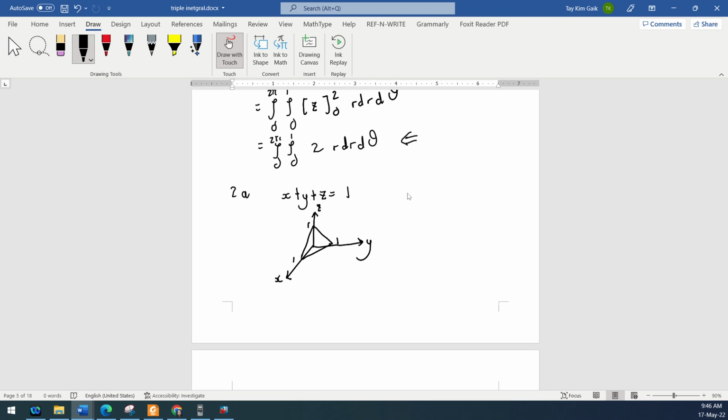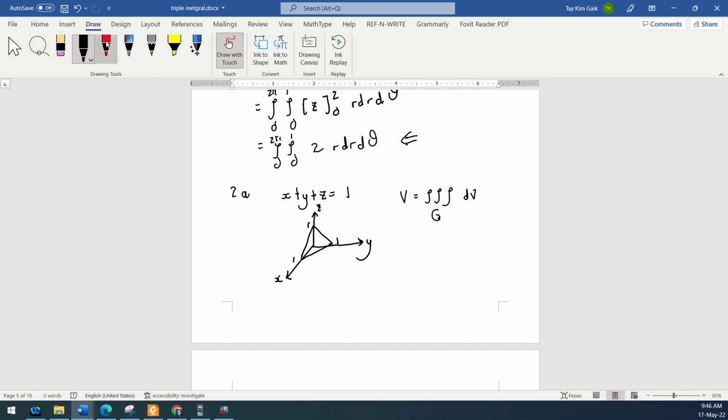And then you want to find the volume. Volume is given by the triple integral of dV over your solid G. Your solid G is bounded by this triangle surface x plus y plus z equal to 1, and then by the zx plane, zy plane, and xy plane.